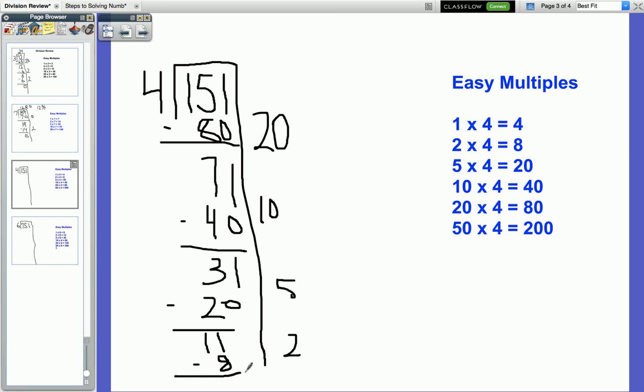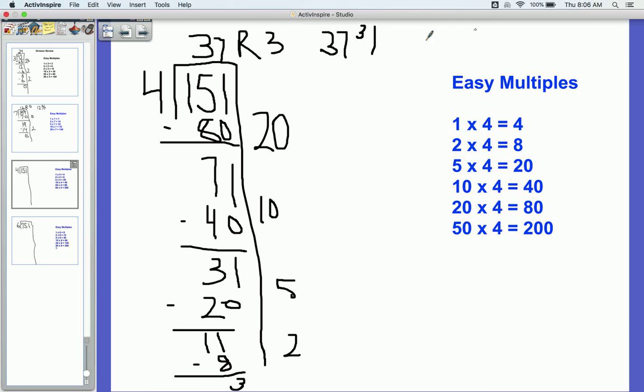And then I have a remainder of 3, because this is smaller than my divisor, so I have to stop. So I have 20, 10, 5, 2, which is 37 with a remainder of 3. Or if you want to write it as a fraction, it could be 37, the remainder is our numerator, and our denominator is our group size, 4.